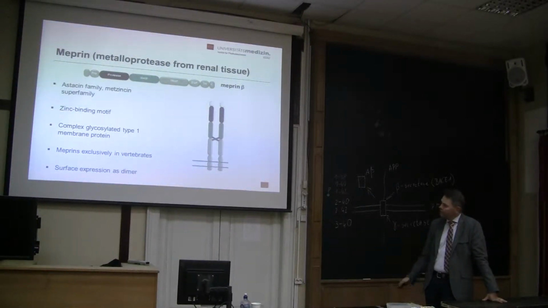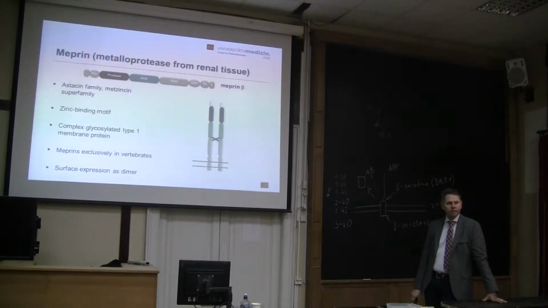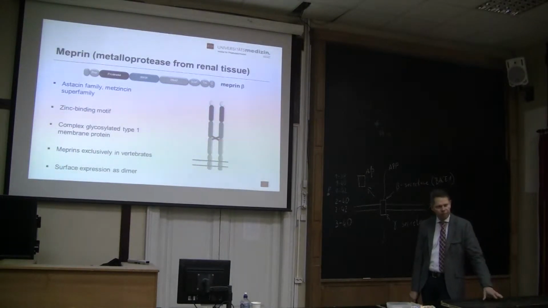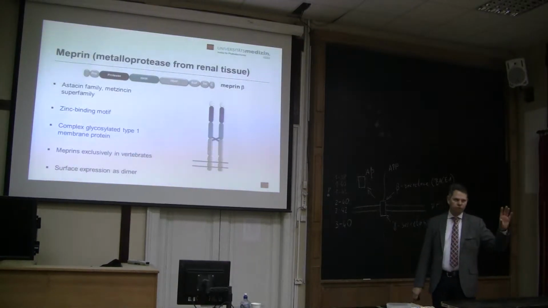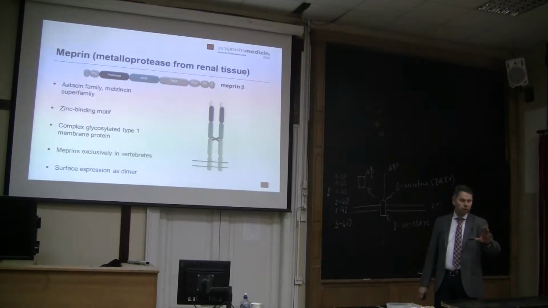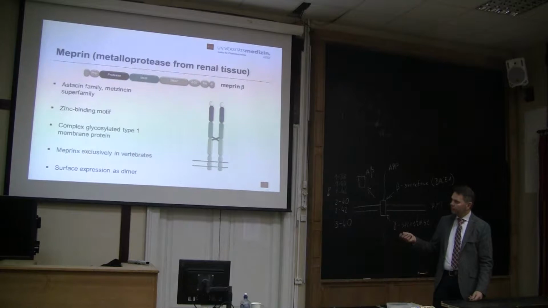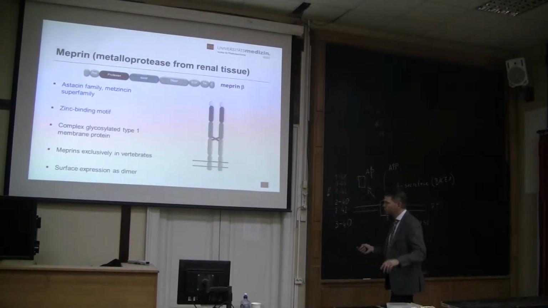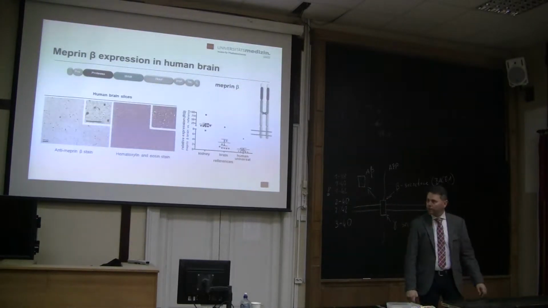It's glycosylated, and very funny, it's exclusively expressed in vertebrates. So think about yesterday. Yesterday we said APP is expressed regardless of whether it's worms, Drosophila, whatever, so invertebrates, but they will never develop Alzheimer's disease. Maybe due to the fact that some enzymes that are needed are only expressed in vertebrates. Okay, but that's just pure speculation. And this enzyme acts as a dimer on the cell surface of each cell.